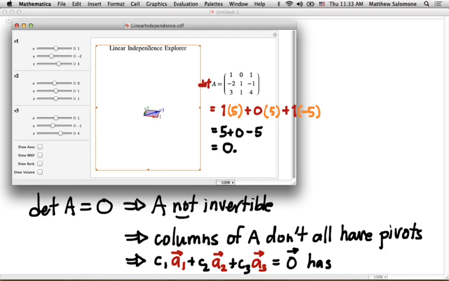Right, that there exists some non-trivial solution of this homogeneous equation. Why? Because the missing pivot implies a free variable in the solution of any system, in particular the homogeneous system. And because the homogeneous system is always consistent, in addition to a free variable it implies infinitely many solutions. In particular, there are some non-trivial solutions.